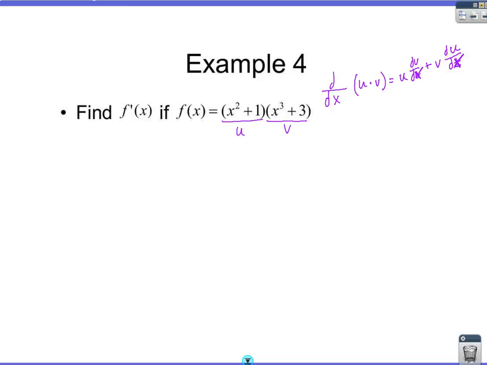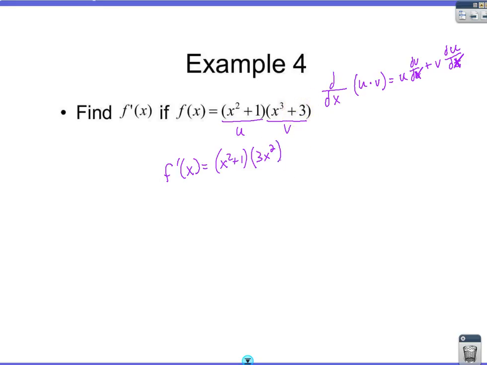All right. So then what does that mean? Well, I'm going to leave the first one alone. So f prime of x is going to equal, leave the first one alone, x squared plus 1 times the derivative of x cubed plus 3. Well, the derivative of x cubed plus 3, using my power rule, will be 3x, reduce my power by 1, squared, plus 3, well, that'll be 0, because my constant rule says that's going to be a 0.